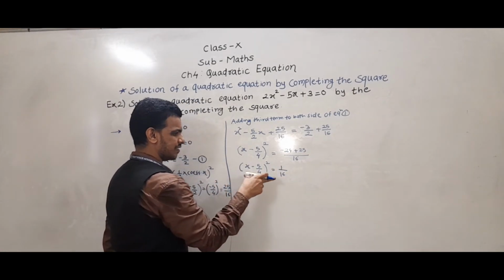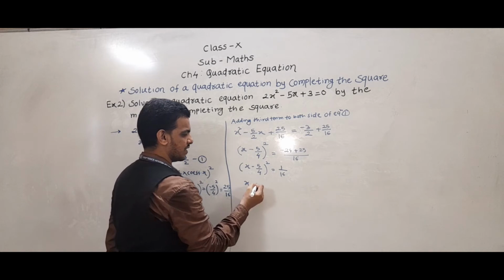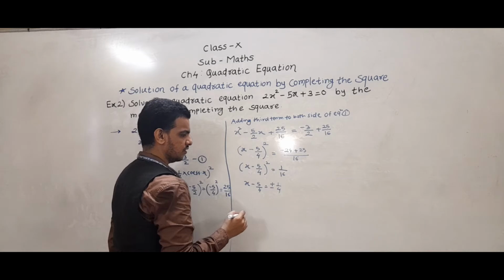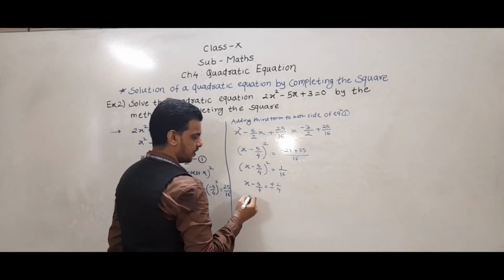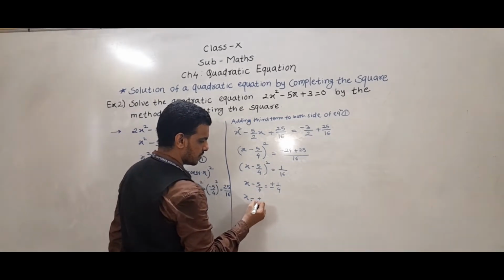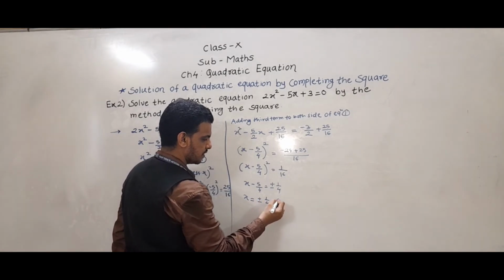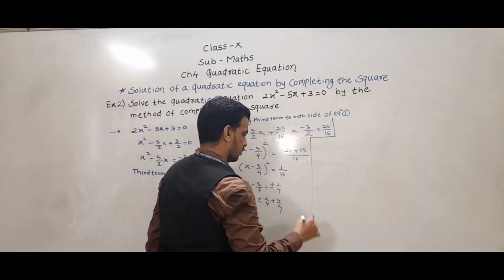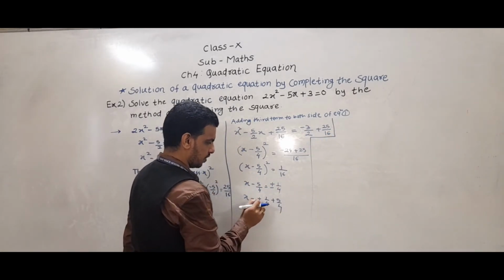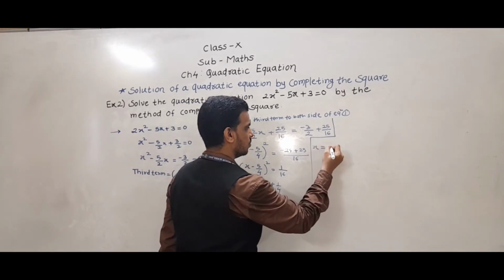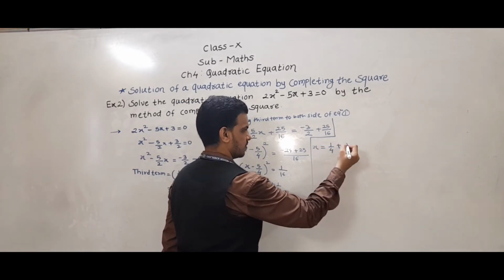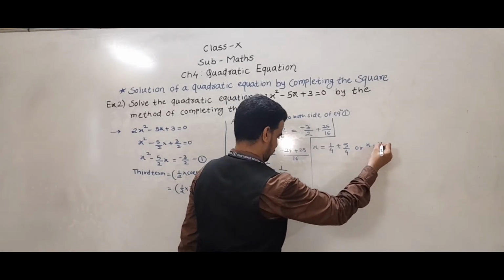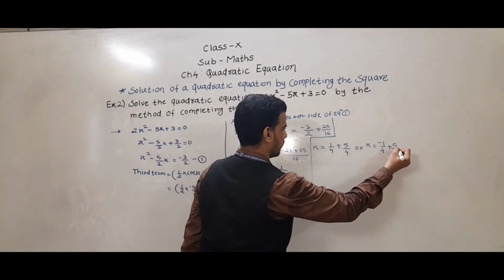If we take the square root on both sides, x minus 5 by 4 is equal to plus minus 1 by 4. Now minus 5 by 4 we shift there, so we will get x is equal to plus minus 1 by 4 plus 5 by 4. Now first we take plus 1 by 4, so x is equal to 1 by 4 plus 5 by 4, or x is equal to minus 1 by 4 plus 5 by 4.